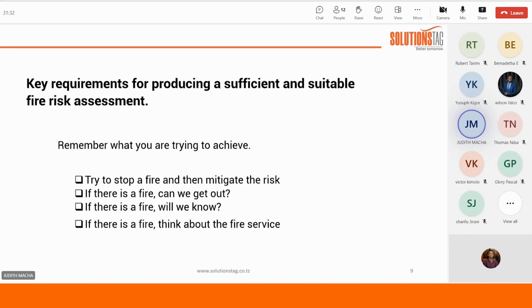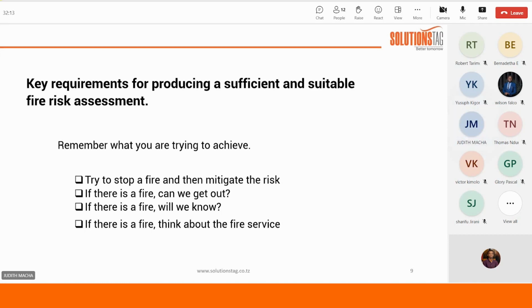If you go deep, analyzing one after another, and try to answer these questions from one stage going down till you find the root cause of each and everything, and how you can mitigate each and everything, then you will find that you can produce a suitable fire risk assessment, because you'll be trying to touch each and every point that you need to discuss in that assessment.